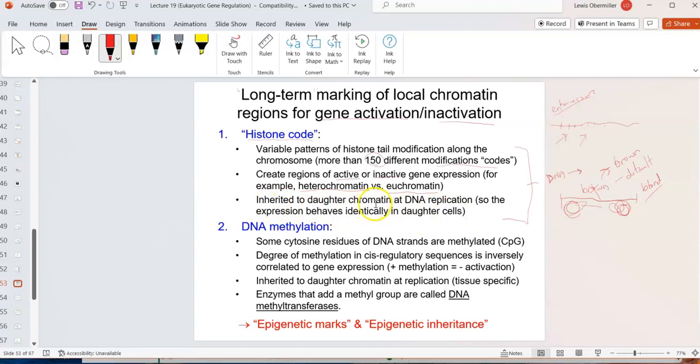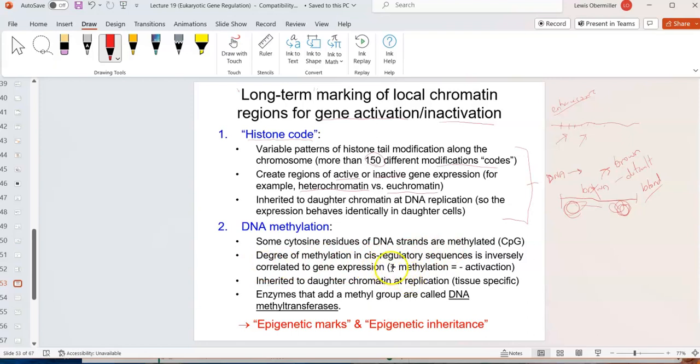You inherit this form of chromatin during DNA replication, so the expression behaves identically in daughter cells as it did in the parental cells. DNA methylation: there are cytosine residues that are methylated. We call those CpG islands. The degree of methylation in cis-regulatory sequences is inversely correlated to gene expression.